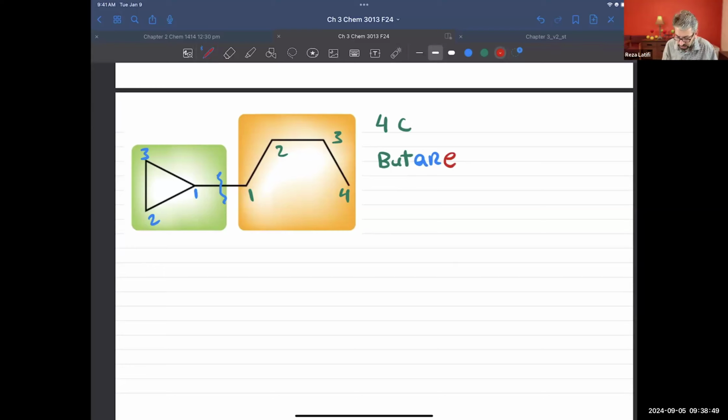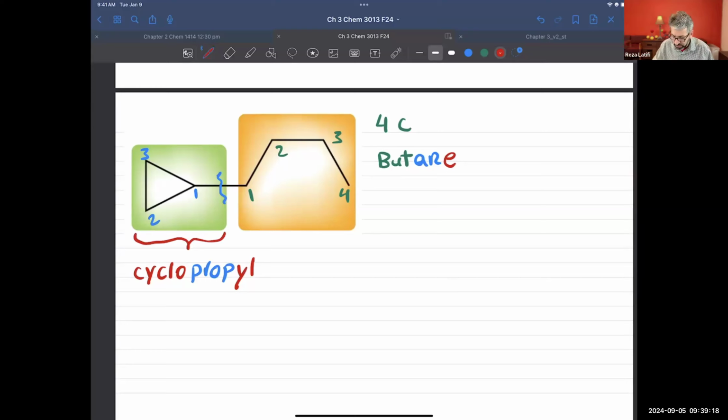And how about the substituent? The substituent is made of 3 carbons, and it's also cyclic. So we're going to say cyclo, and because we have 3 carbons, we say prop. That means 3 carbons. And we want to say it's attached to somewhere, so we add YL to it, and this represents the substituent.